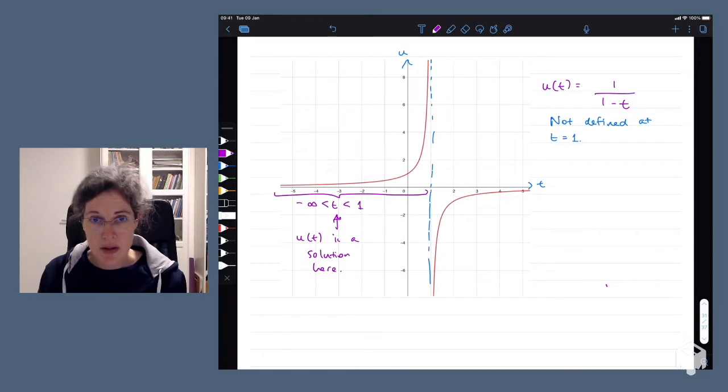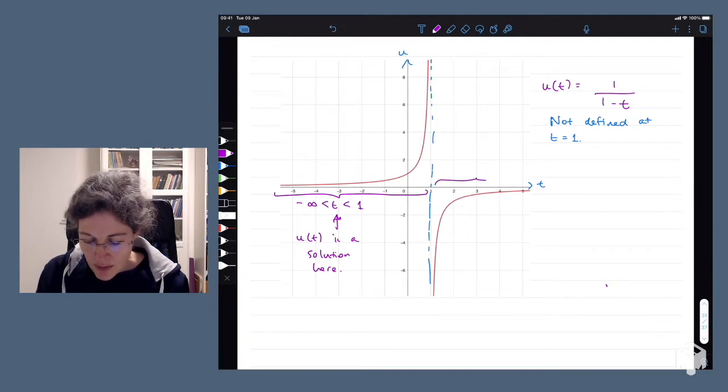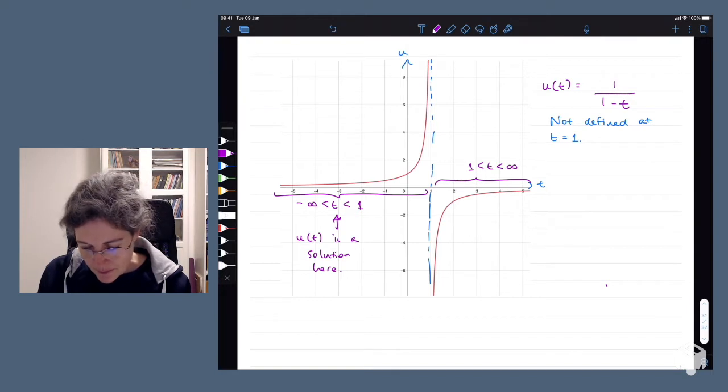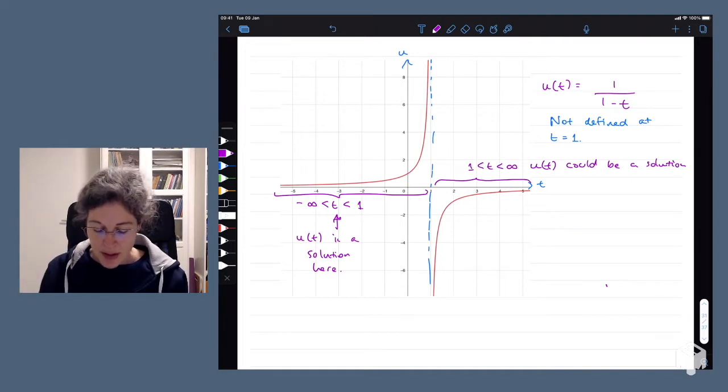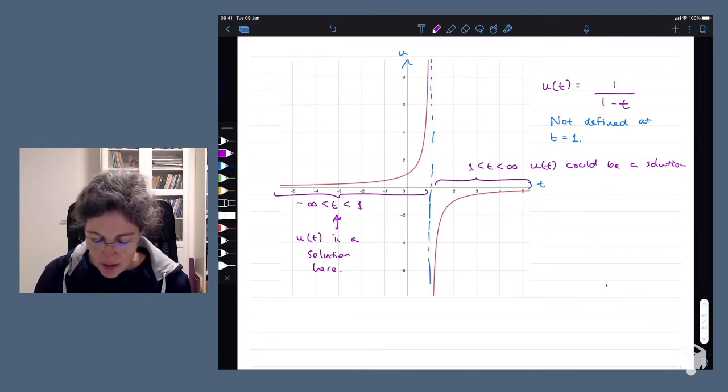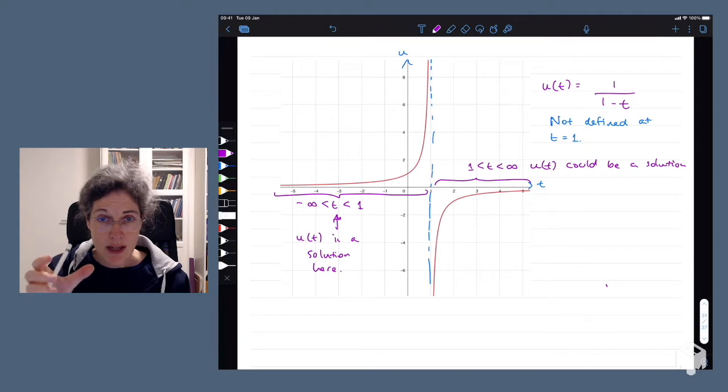Or perhaps, depending on whatever this differential equation was modeling, you could say from 1 to infinity. But it's going to have to be one or the other. It can't be both of these two continuous regions, because there's a gap here. So you pick whichever one, and that is the domain of your solution.